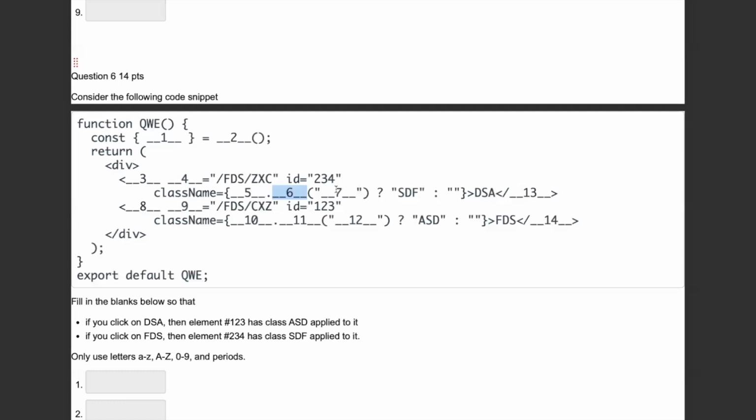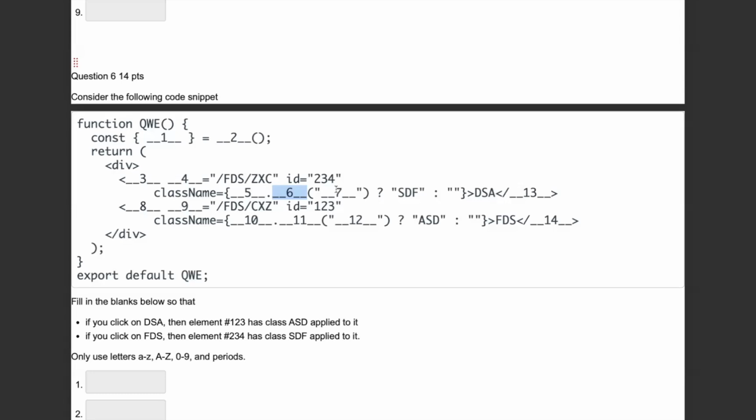Well, notice that we want SDF to be applied. Notice that says element 234. So this link should get the SDF, but only if the other one is clicked. And vice versa. It's this one that causes this to take the SDF.